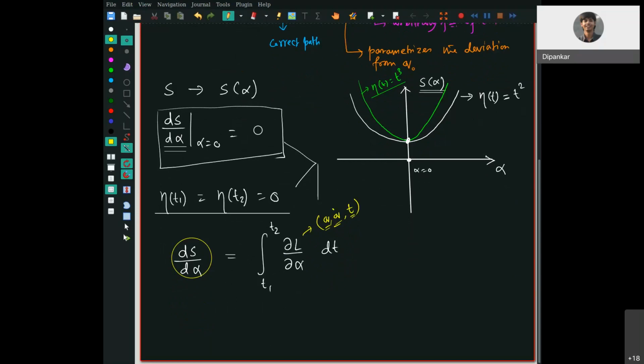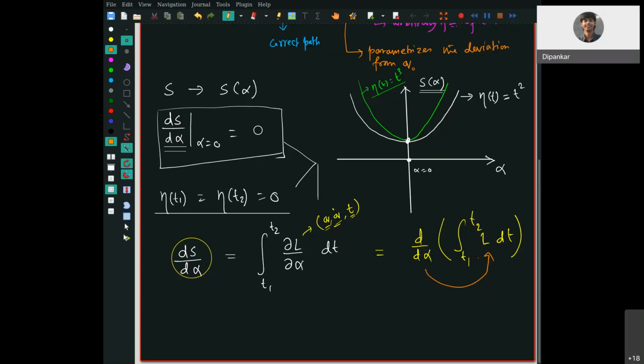So this dS/dα, I should write first of all as d/dα of the integral from t1 to t2 of L dt. But when you put the operator inside, you just keep in mind that you will only take the derivative with respect to alpha and not with respect to t.